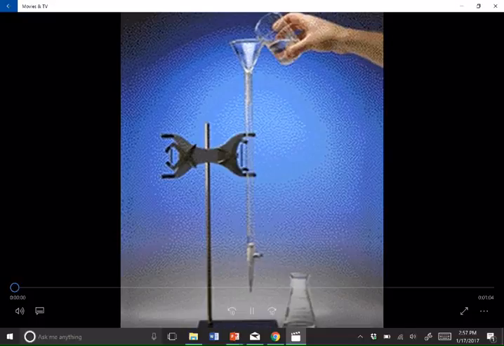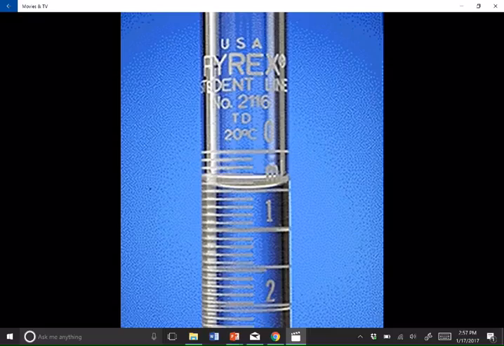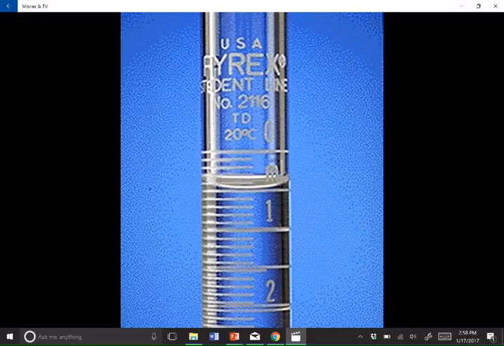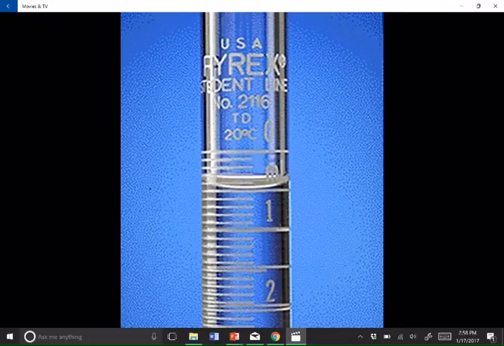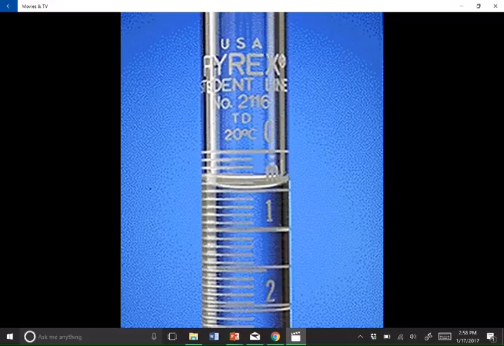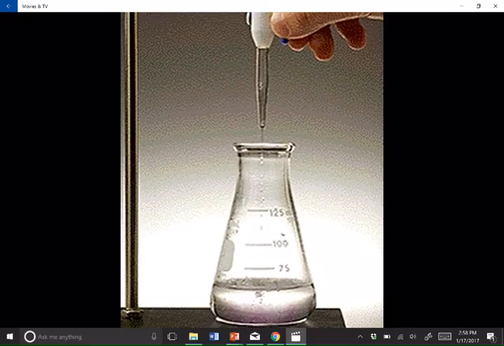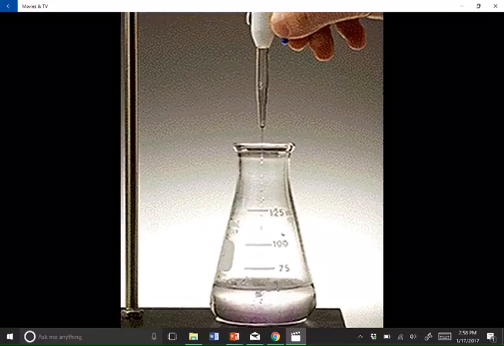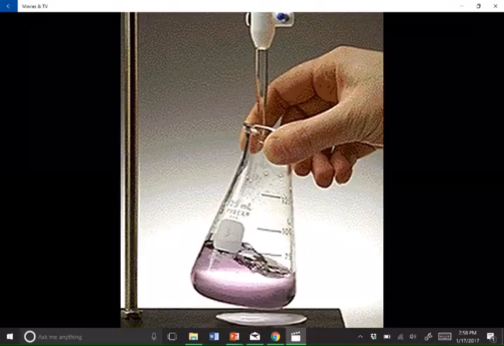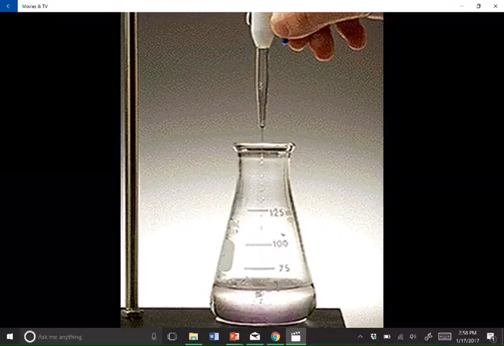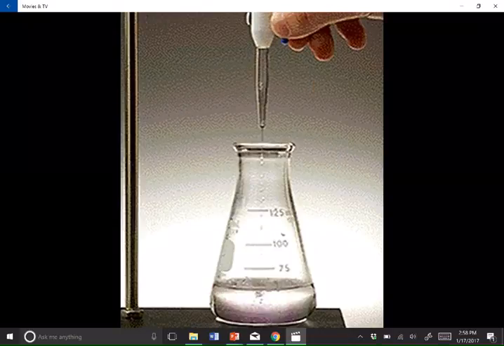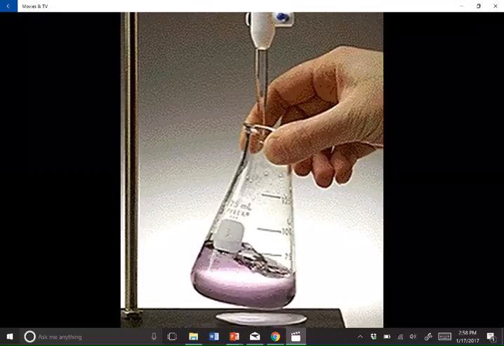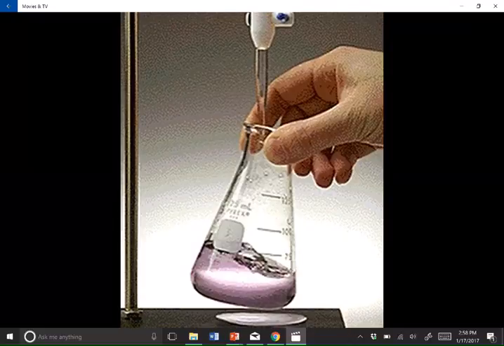Here a sodium hydroxide solution, whose concentration is accurately known, is being added to a burette before titrating an acid of unknown concentration. The volume of sodium hydroxide solution in the burette is estimated to 2 decimal places. The sodium hydroxide solution is added slowly to a solution of the unknown acid in a flask. The acid solution also contains an indicator, whose color will change to pink when the acid has been consumed.